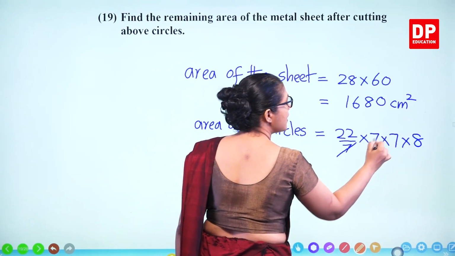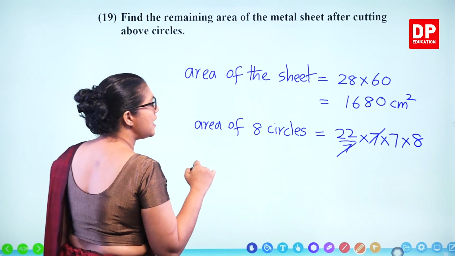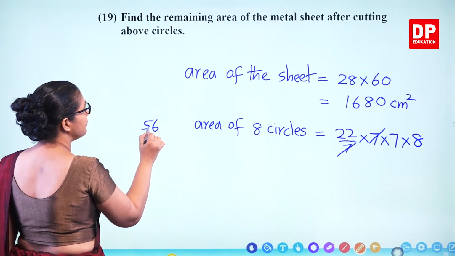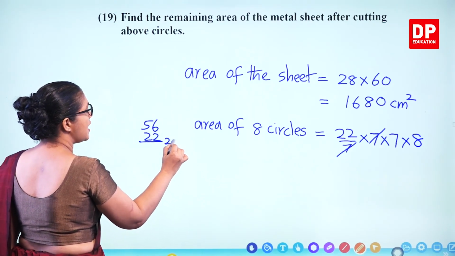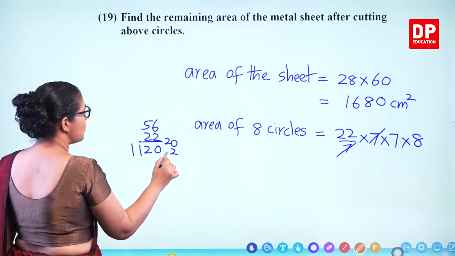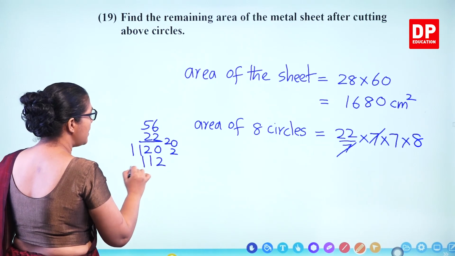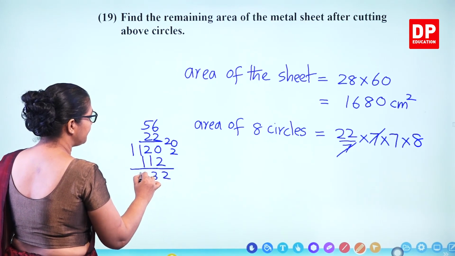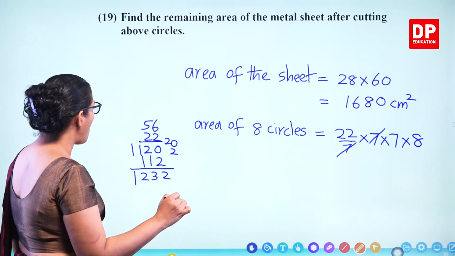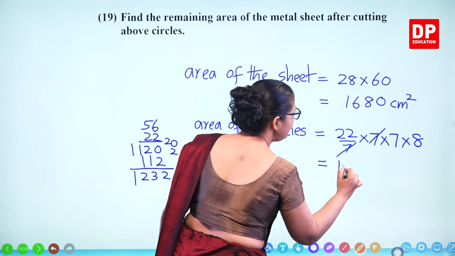So 7 gets cancelled out, 22 times 56. What's the value? 2 times 6, 12, and 2 times 5, 10 plus 1, 11. So 1232.